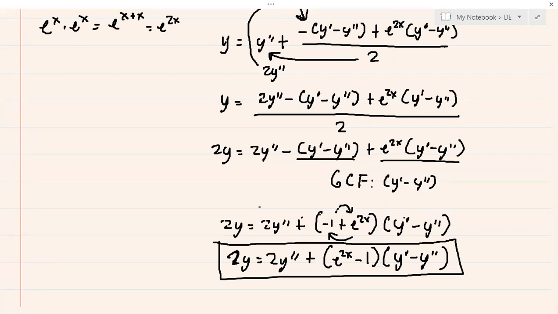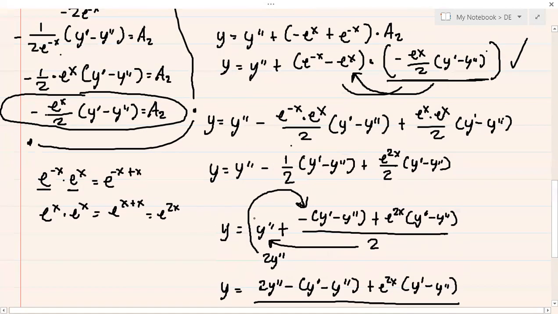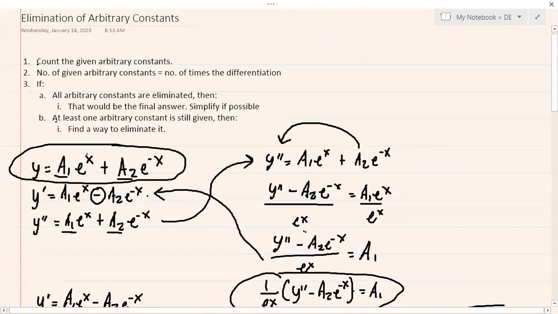So maybe I'll just discuss that shortcut method for this type of system equation sa next video na lang or sa practice video natin sa elimination of arbitrary constant.